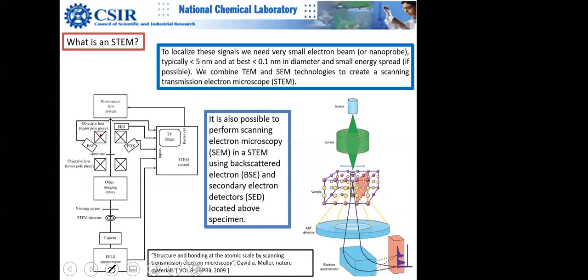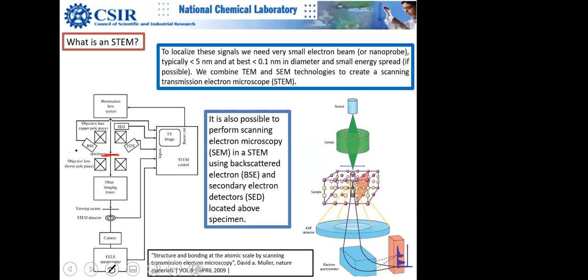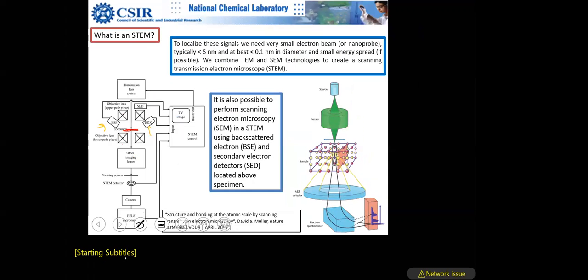This is the detector for backscattered electrons. This is your specimen. This is the EDX detector. This is the selected area electron diffraction detector, and the yields detector is here.